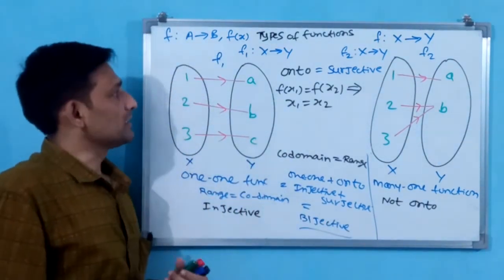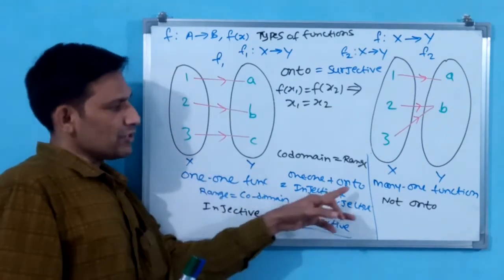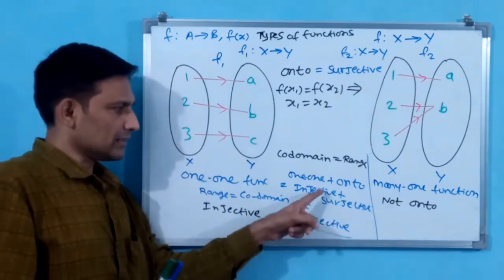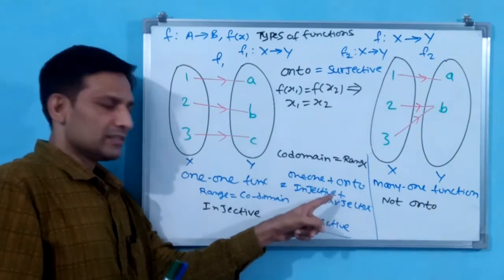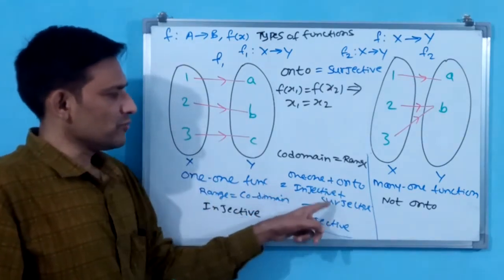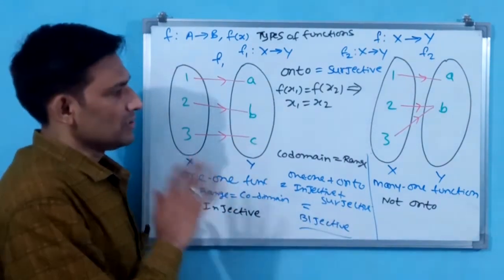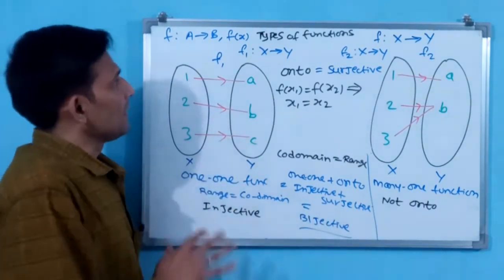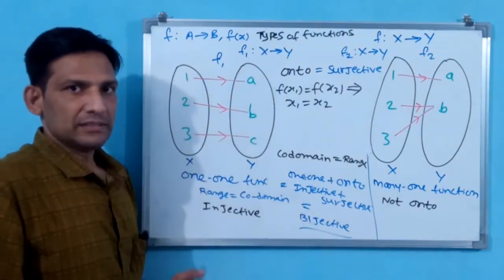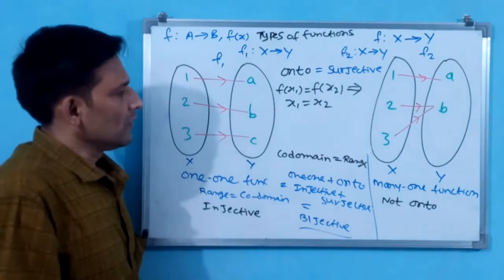That means if a function is both injective and surjective, that function is going to be called bijective. These are the concepts for your functions. Now what we do, we go to the exercise.